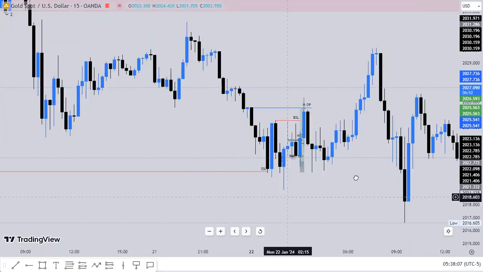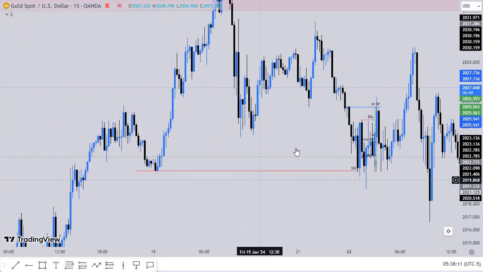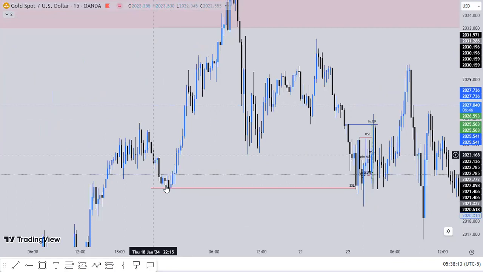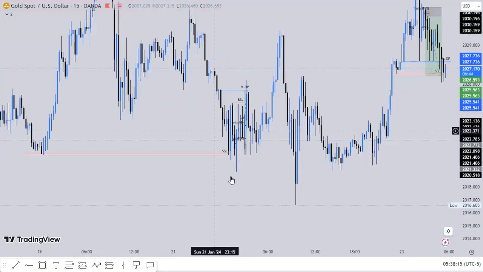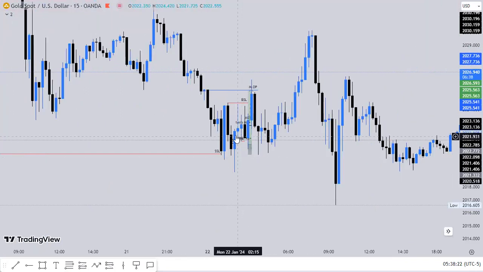So this is also, let's say, we have sell side liquidity here that has been taken out. So this is what a liquidity sweep is. Okay, why? Because this candle takes the sell side liquidity and then closes above. Also, this candle takes sell side liquidity and closes above.